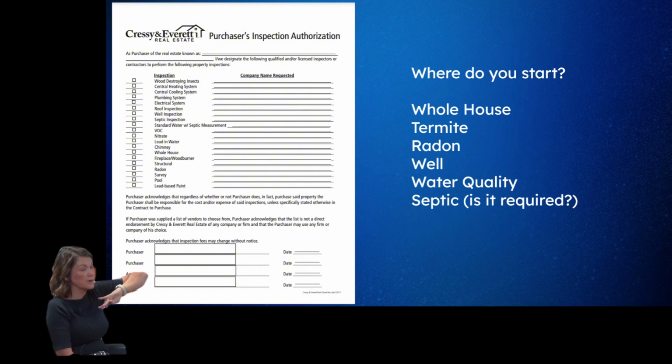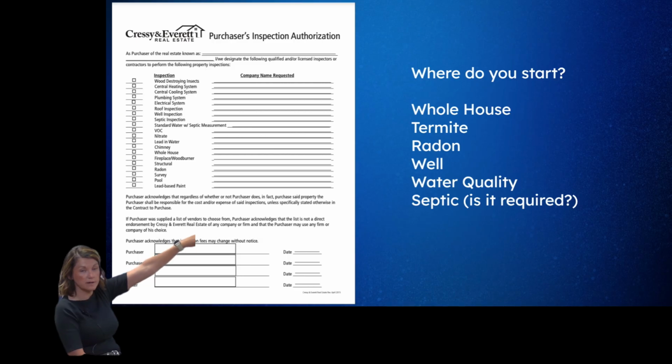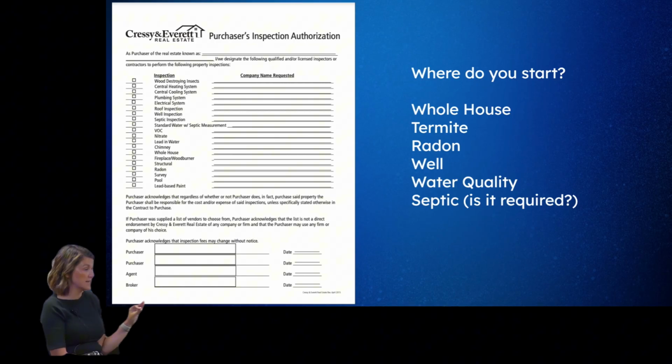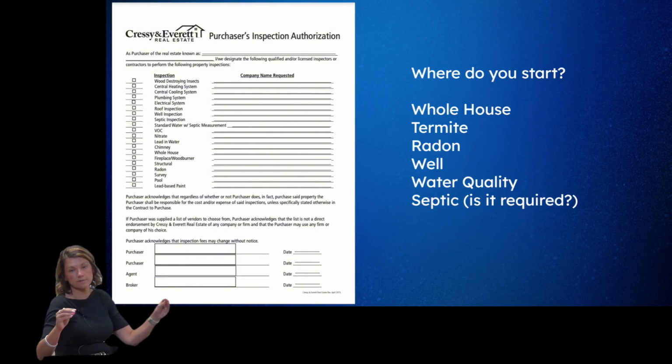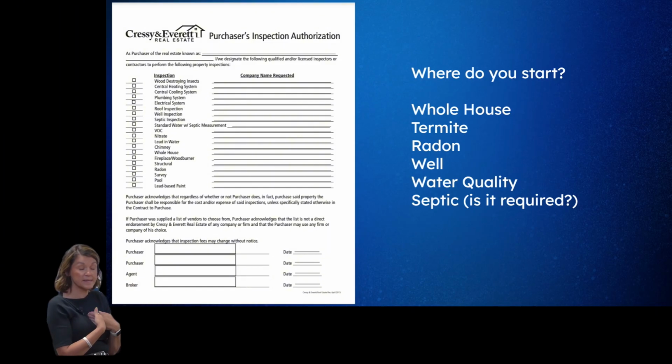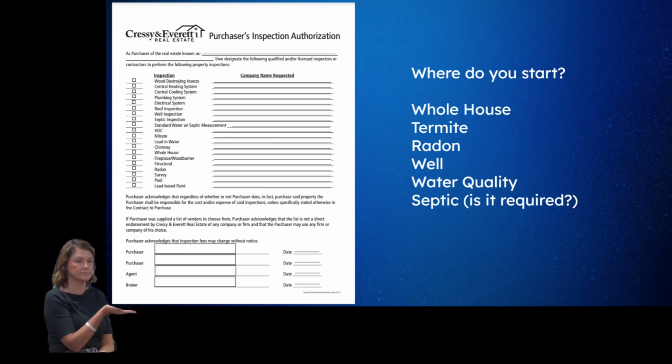I will tell you there are agents in this office that will not do a radon test if it's on a slab. I still do a radon inspection on a slab because anytime we mess with the soil of the property, we are setting ourselves up for the risk of radon gas coming into the house. To me, it's scarier on a slab because I have messed with the soil, taken out some soil to level it.